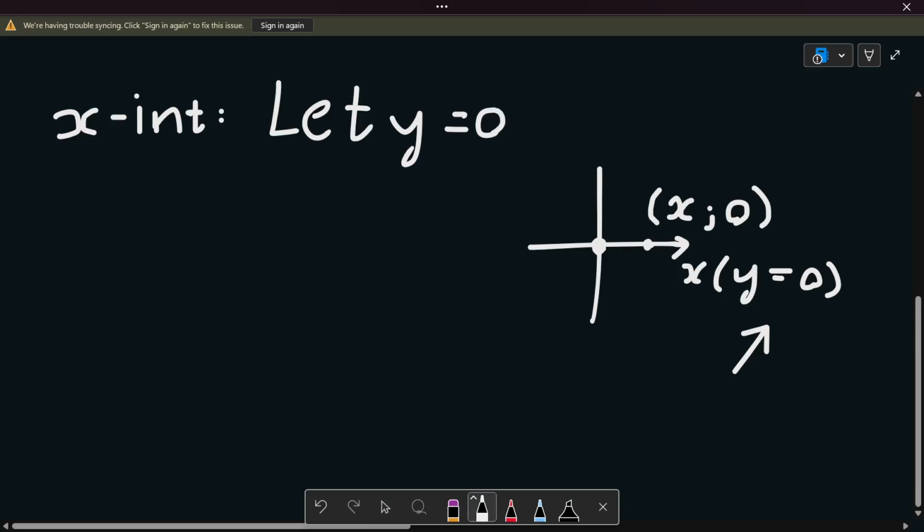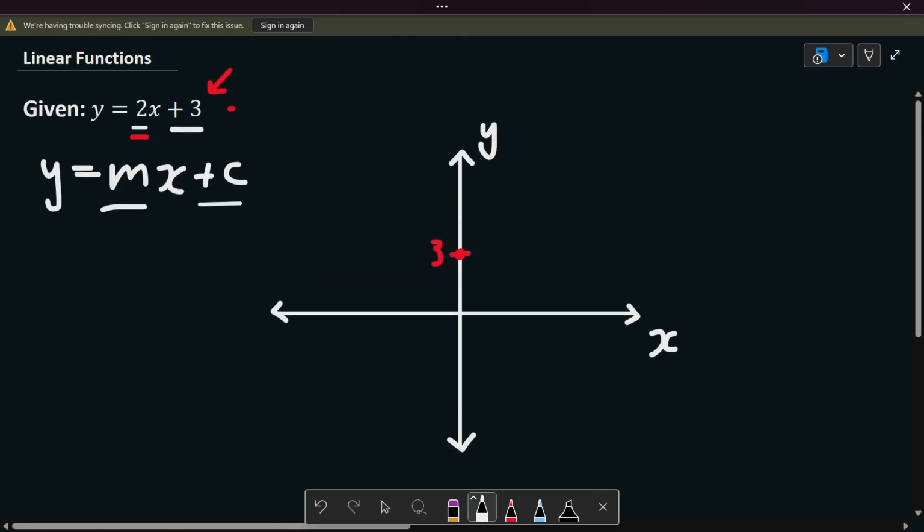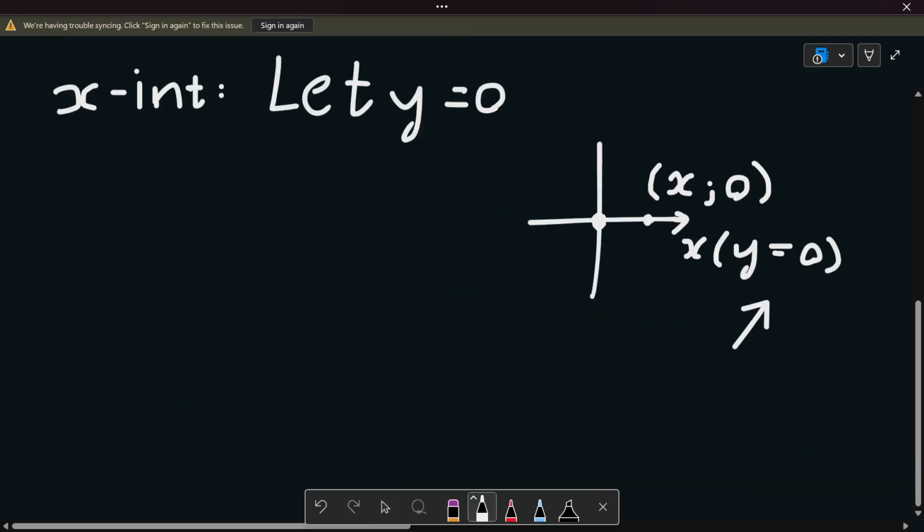That is the first step to find the x-intercept. You don't have to write this. You can actually just go straight to letting y equal 0. So our equation was the following, right? We had y is equal to 2x plus 3. So therefore, over here, we can say 0 is equal to 2x plus 3.